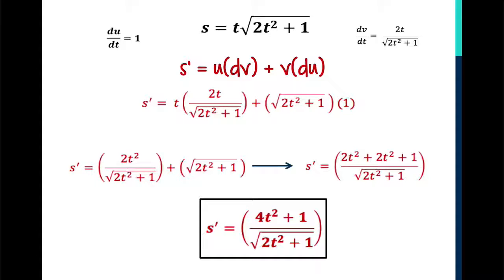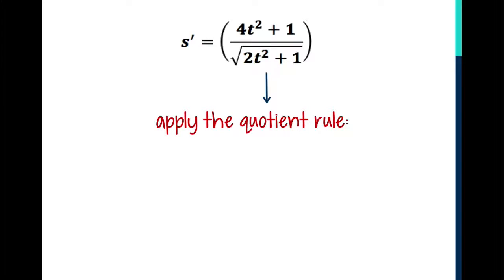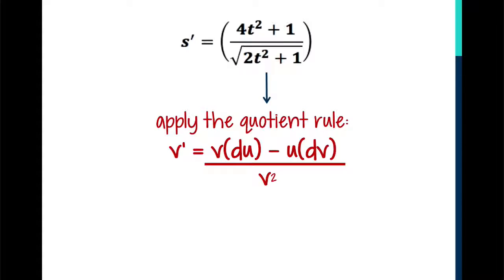So moving on, let's first solve for the acceleration before substituting everything. So how do we get the derivative of the velocity? First, of course, we need to apply the quotient rule, which states that v times the derivative of u minus u times the derivative of v all over v squared, wherein u is actually the numerator and v is the denominator.